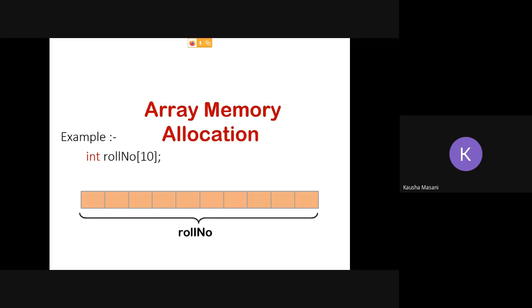So in total, 20 or 40 bytes of memory got reserved for your array roll number with size 10. But this is static memory allocation, because you are directly giving the size here.